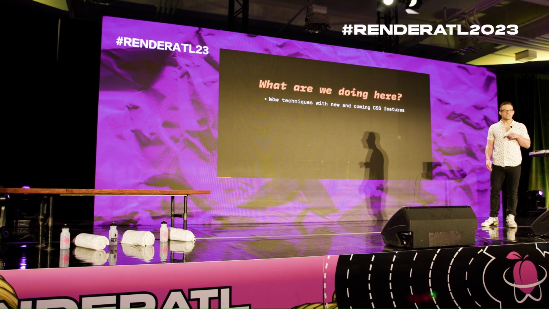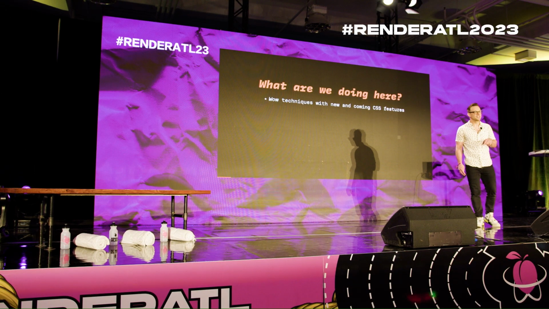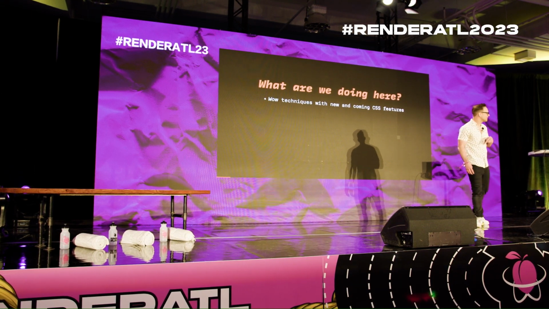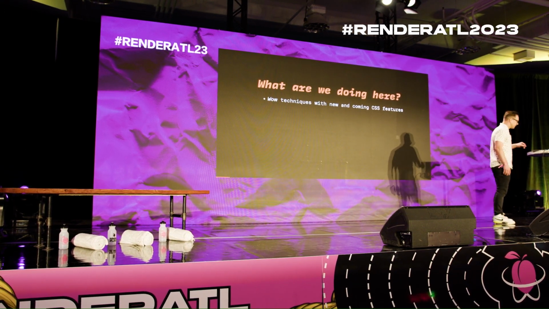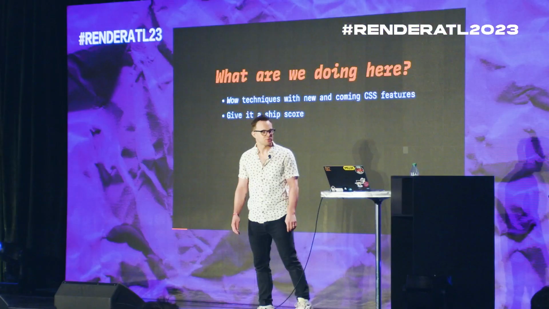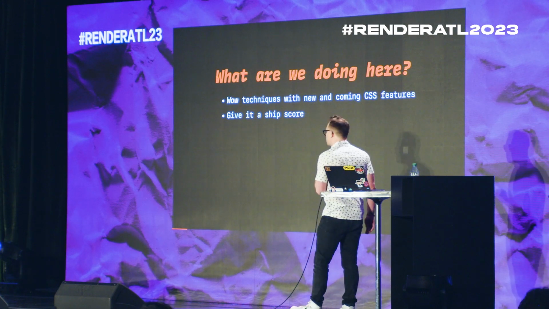One of the cool things is that a lot of this stuff in this talk is newer than ChatGPT, so you can't even get this stuff on ChatGPT, which will save you from your job being taken by the robots, right? So we're going to be rapid fire talking about a ton of new features in CSS, and we're going to be giving them a ship score.